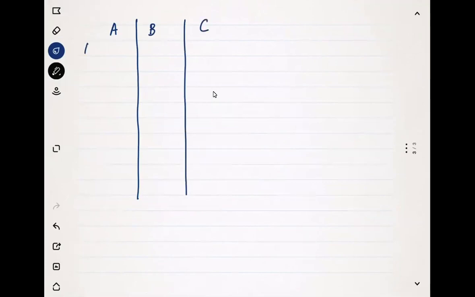Another example is in which you have a value A, another value B, and you have to calculate C. A is 100 plus minus 2. B is 20 plus minus 1.